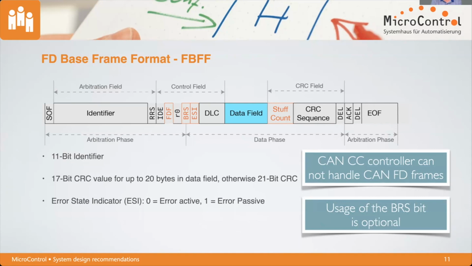But that is not the truth. If you decided for your system design to just run, for example, 500 kilobit, and you're happy to run with that bitrate just to gain higher data throughput because you need more than these old-fashioned 8 bytes, nobody forces you to do otherwise. You can run CAN-open FD without using bitrate switching.